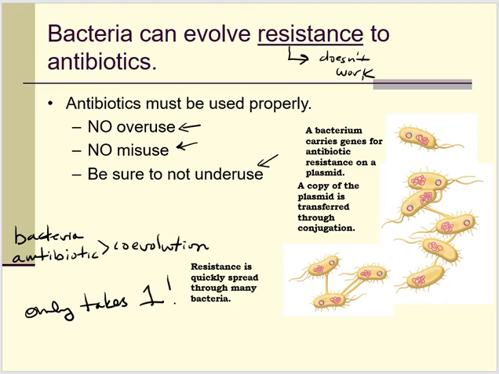Right? There's a reason why the doctor prescribes you a certain amount for a certain amount of days. It's because that's the tested amount that's been done in the lab over and over again on these bacteria, and that's the amount that has to be there to wipe them all out and not have that evolution of the bacteria. Okay.